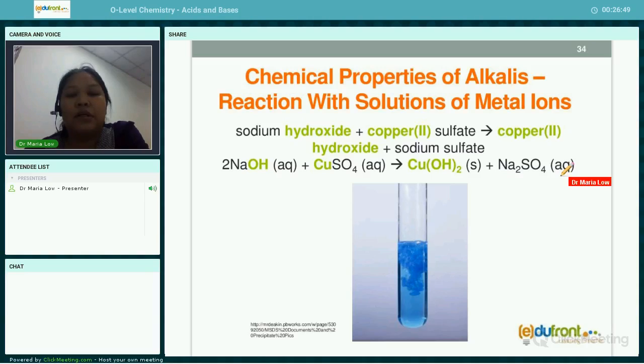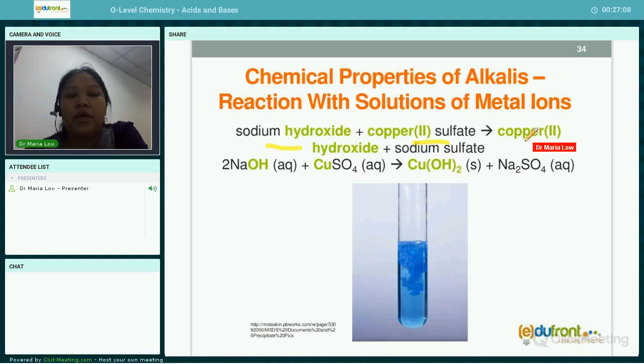An example of alkalis reacting with a solution of metal ions: we add a few drops of sodium hydroxide to a solution of metal ion. In this case it will be copper(II) sulfate, and copper(II) sulfate is a bluish solution.